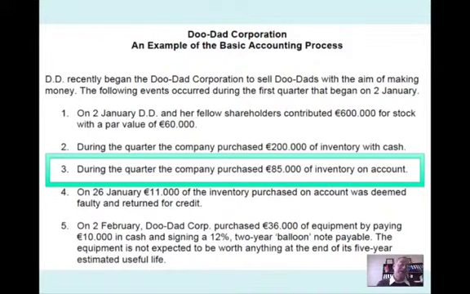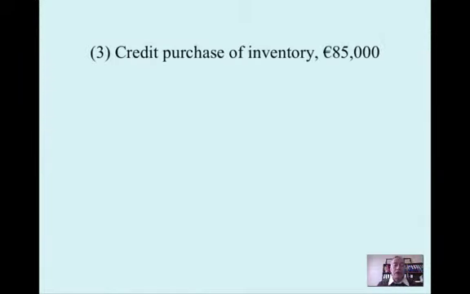In transaction number 3, it says during the quarter the company purchased $85,000 of inventory on account. So on account means that we're going to pay later for this inventory. So it's a liability. We buy the inventory, they deliver the inventory, and we owe them.